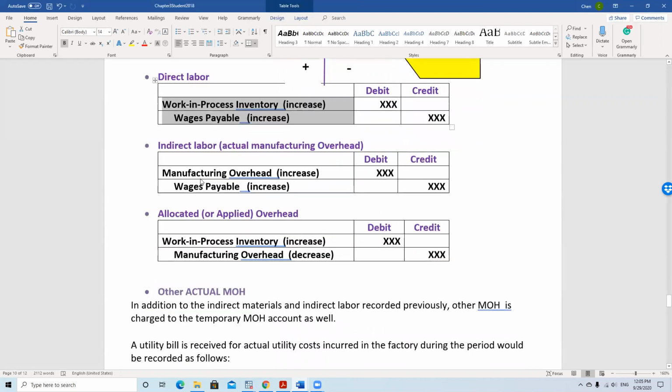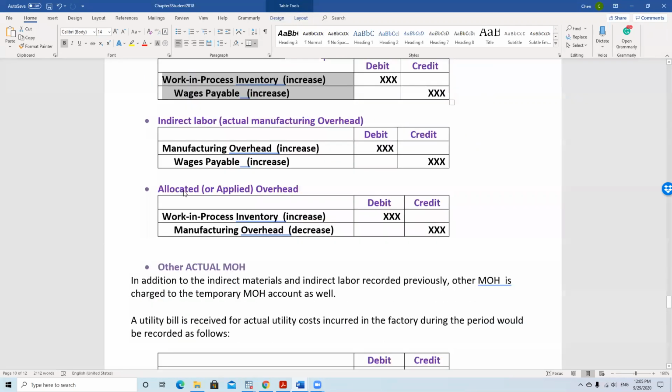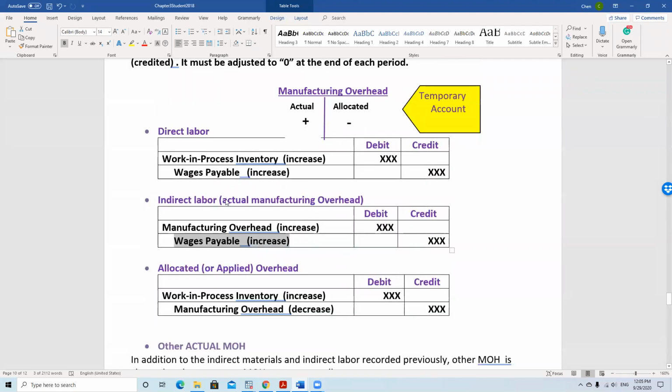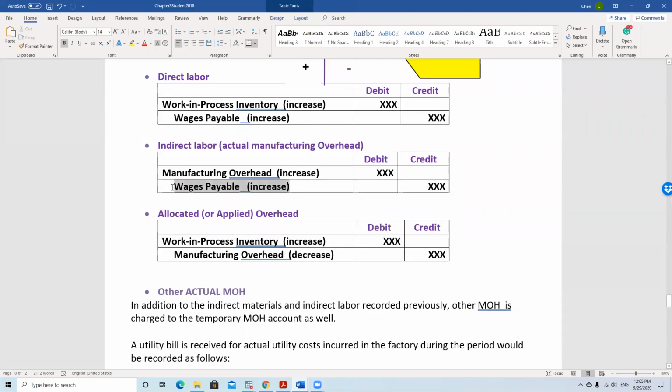And then we have indirect labor. When the labor happens and it's indirect labor, we put manufacturing overhead. Everything that happens as manufacturing overhead will cause an increase in manufacturing overhead.